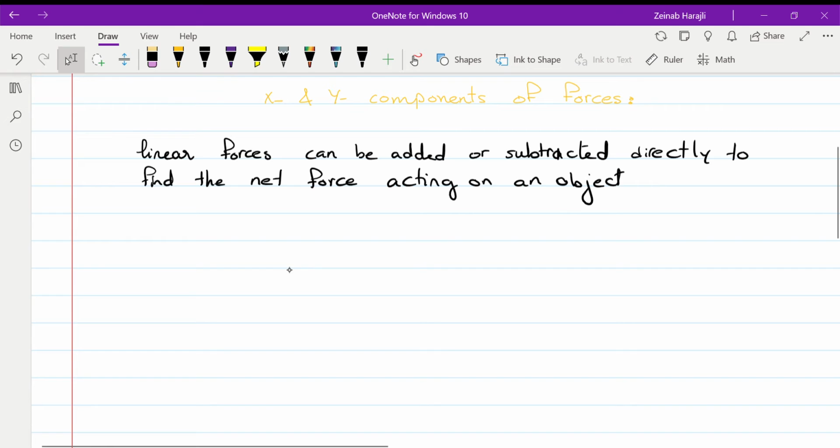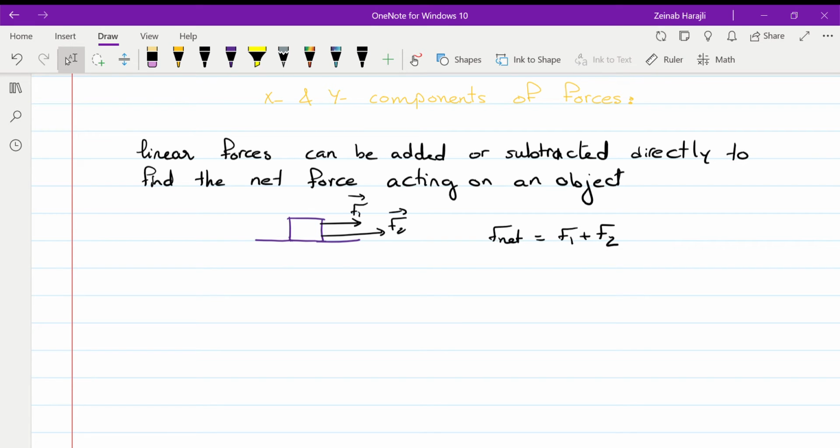If I have, for example, this box, and it's on a surface, and two people are pushing this box with a force F1 and a force F2, then we can directly say that F net is equal to the sum of F1 plus F2.